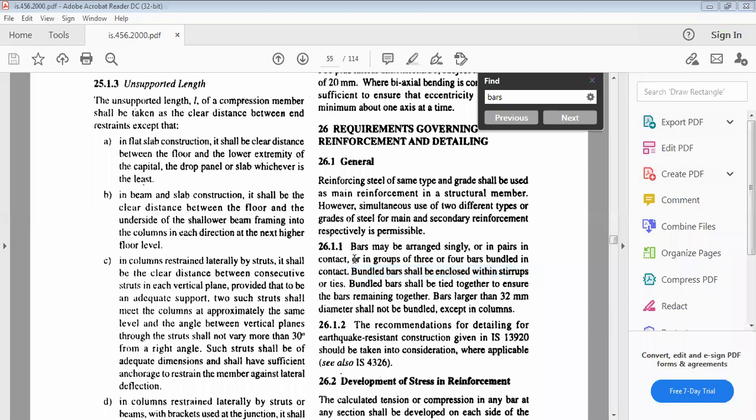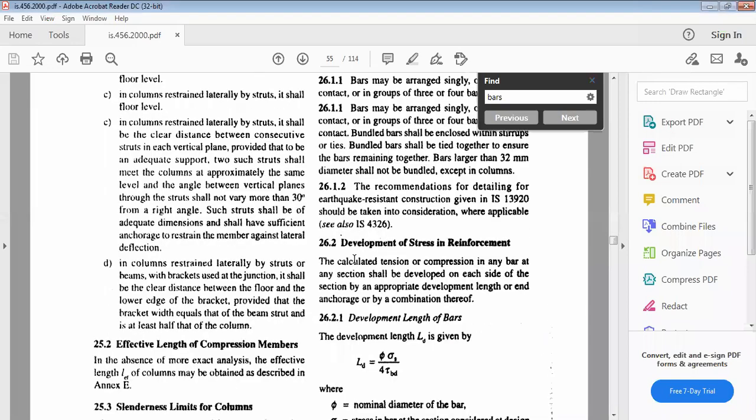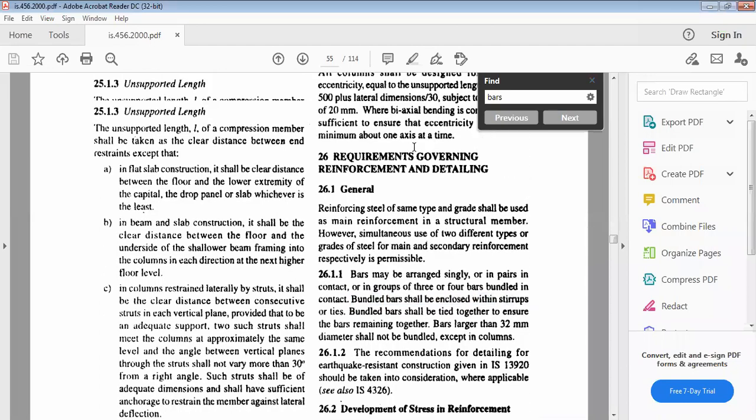This is page number 42 of the code, requirements governing reinforcement and detailing, clause 26.